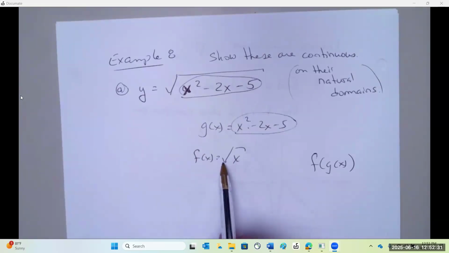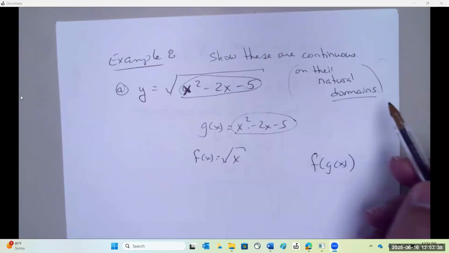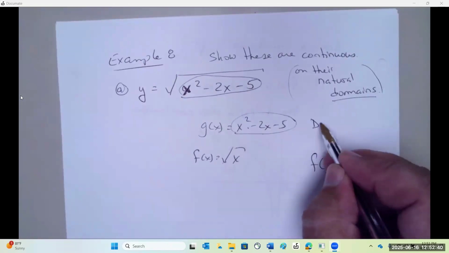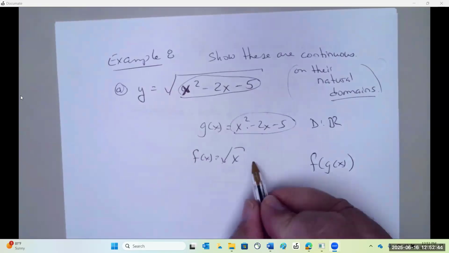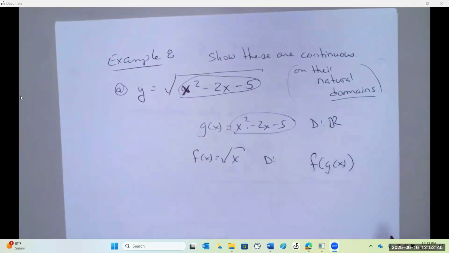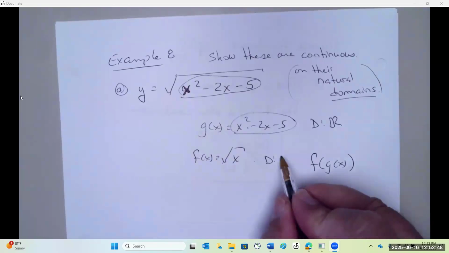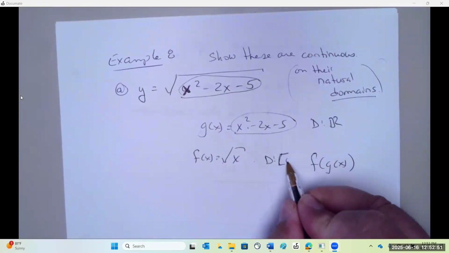Now, what about this one? Is this a continuous function? Remember, it says on its natural domain. So this domain is all real numbers. This domain is what? Greater than 0.